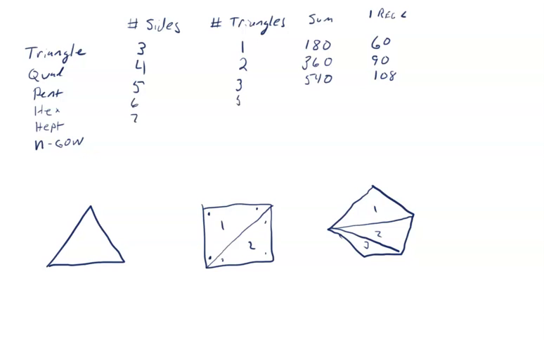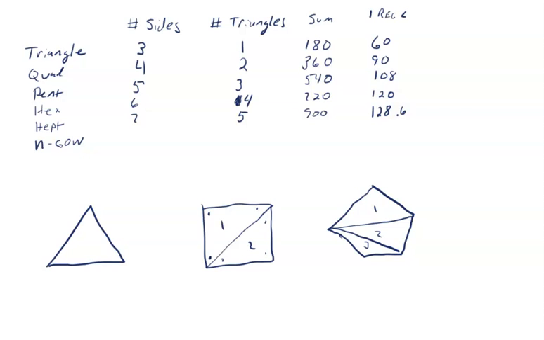A hexagon should have 4 triangles, and a heptagon should have 5 triangles. That is 720 and 900, 120 and 128.6.